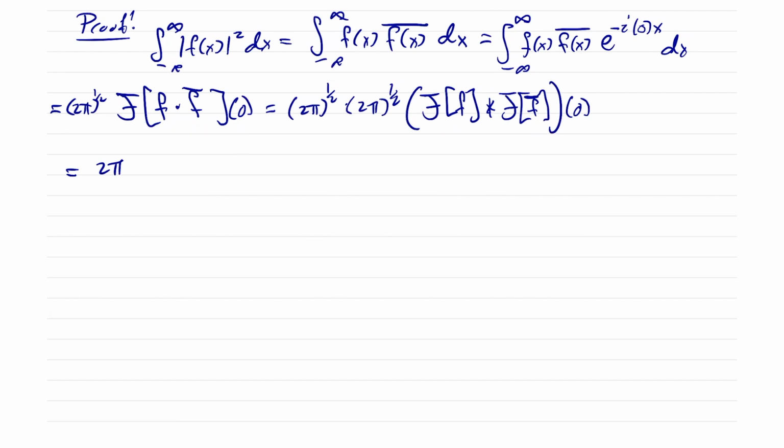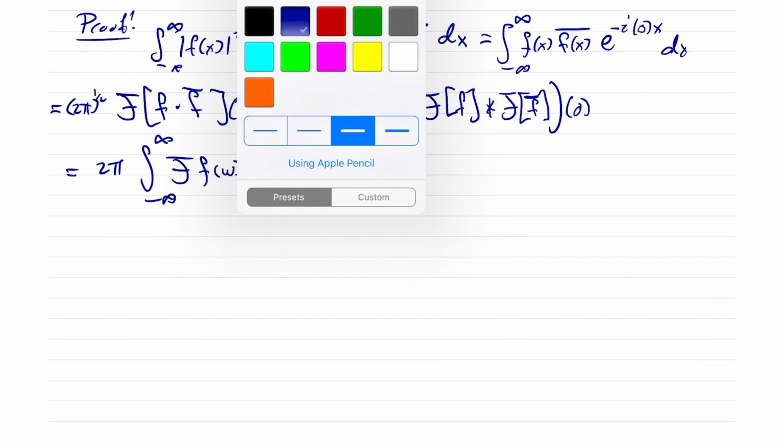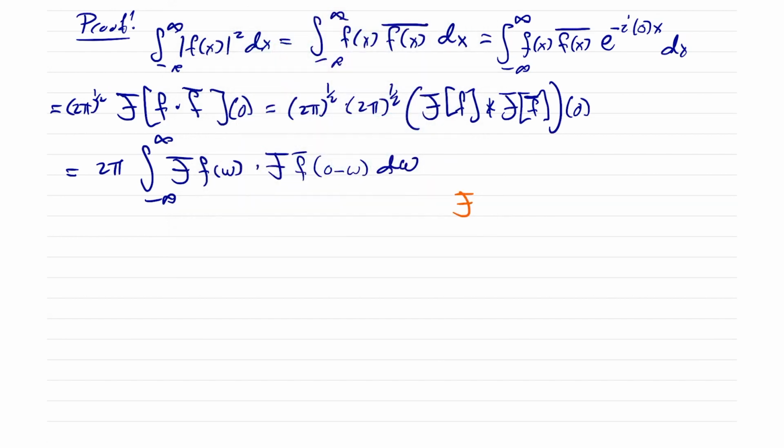Now we have the integral from minus infinity to infinity of F of f at w times F of f bar at 0 minus w, dw. Taking a look at what this is real quick, off on the side, we're going to have F of f bar at 0 minus w, say at negative w.